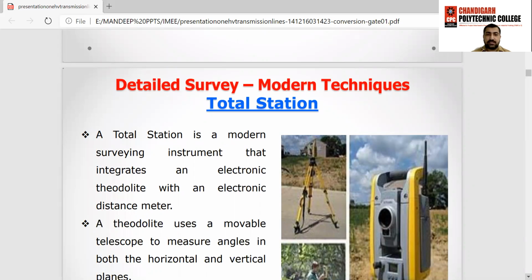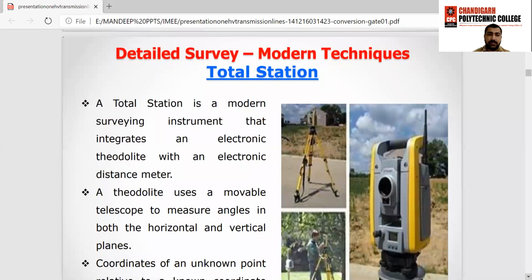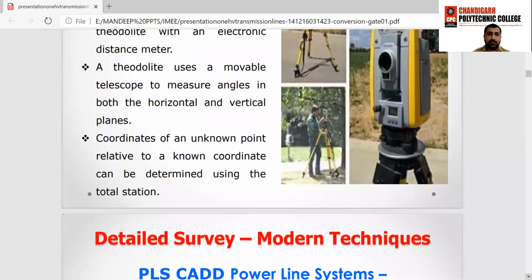Detailed survey modern techniques: total stations. A total station is a modern surveying instrument that integrates an electronic theodolite with an electronic distance meter. The theodolite uses a movable telescope to measure angles in both the horizontal and vertical planes. Coordinates of an unknown point relative to a known coordinate can be determined using the total station.